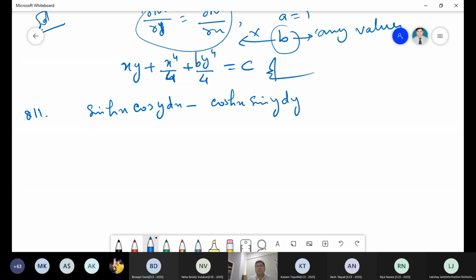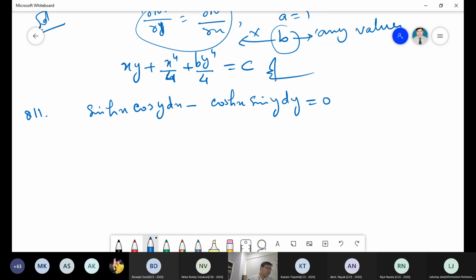Somebody has asked me a question based on the hyperbolic function. I have given the formula, so that way we can solve it, no issue. Sinh x cos y dx minus cosh x sin y dy equal to 0.